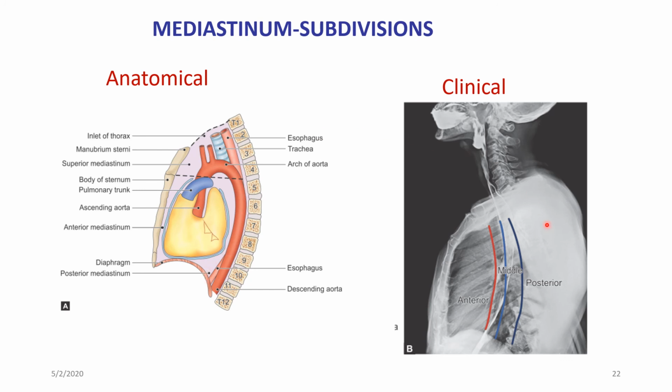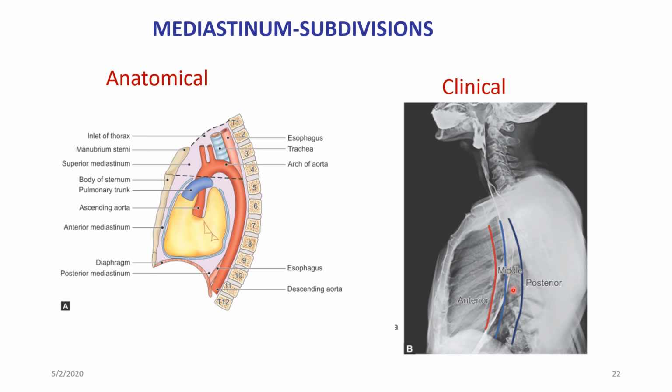So for a clinical subdivision, whatever is anterior to the trachea is anterior mediastinum. All these will go into the anterior mediastinum. Then behind the trachea will be the middle mediastinum. Then vertebral region and the paravertebral gutters will be the posterior mediastinum.